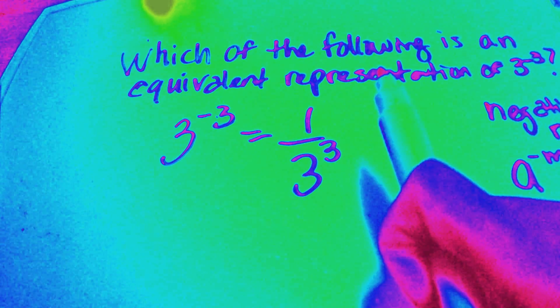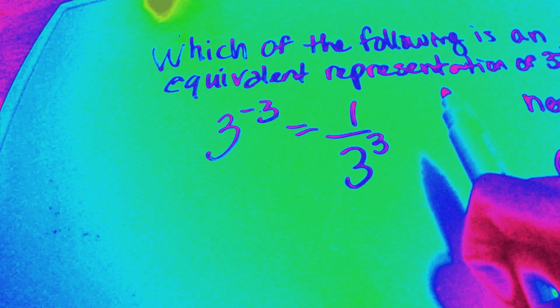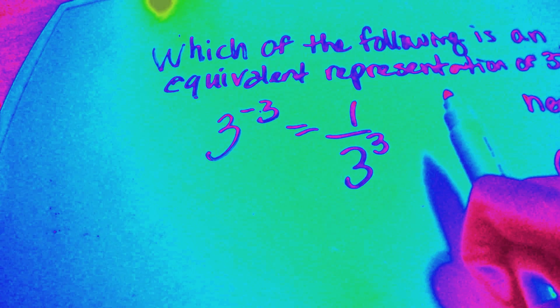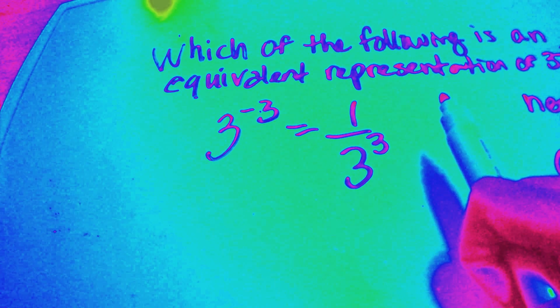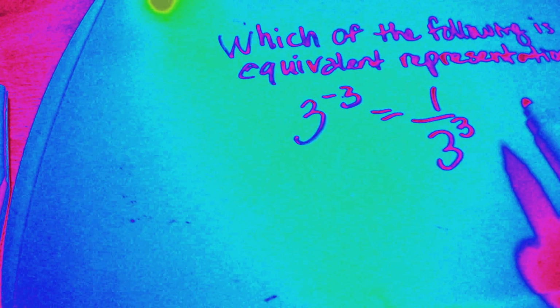We're putting that 1 over it, putting 3 to the third power, and unfortunately, this is one of those problems that did not have the answer choice as an exponent. So we have to do what? We have to simplify 3 to the third power.